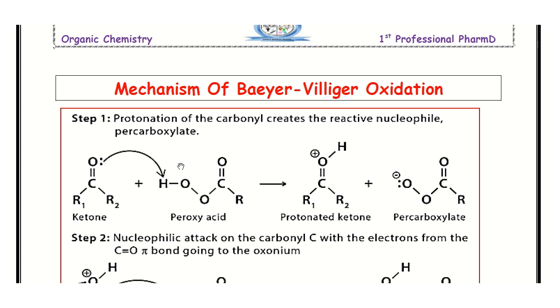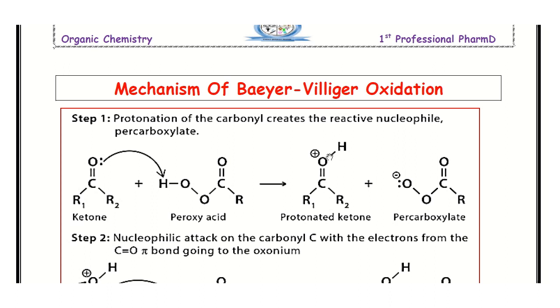The remaining part of the peroxy acid is converted into the percarboxylate ion, which has a negative charge caused by deprotonation, because the proton or hydrogen has been removed from here and attached to the ketone.